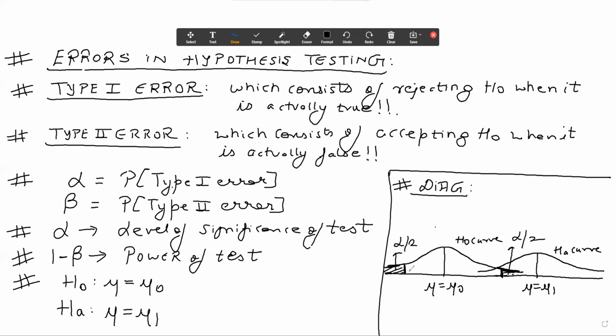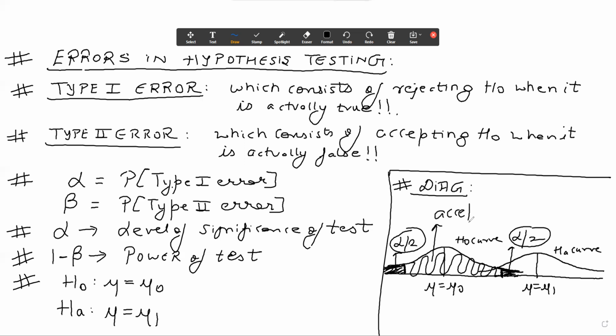It's a two-tailed test we are doing. That means it has tails on both sides, with rejection regions on both sides. Both these areas are exactly equal, and alpha by 2 and alpha by 2 sum up to alpha. And guys, this is my acceptance region.